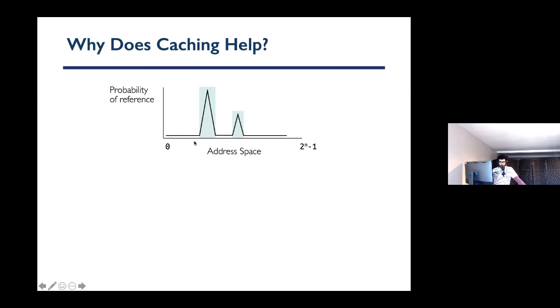Empirically, people observed that, let's say you have n bits to address memory. So there are 0 to 2^n - 1 different memory locations that you can access. People figured out that empirically you have these spikes, and on the y-axis I have the probability of reference. So the x-axis is the address, the y-axis is basically the frequency, if you wish. So there are hotspot addresses that you access frequently.